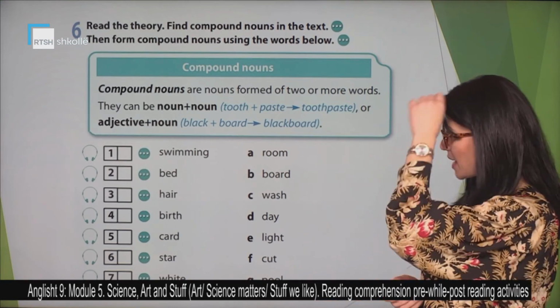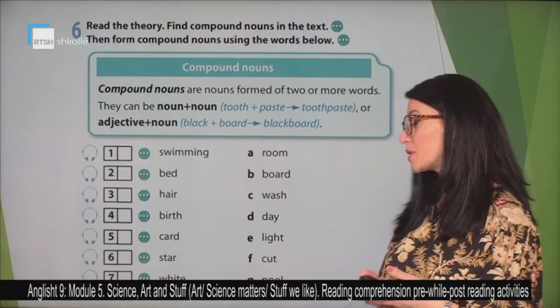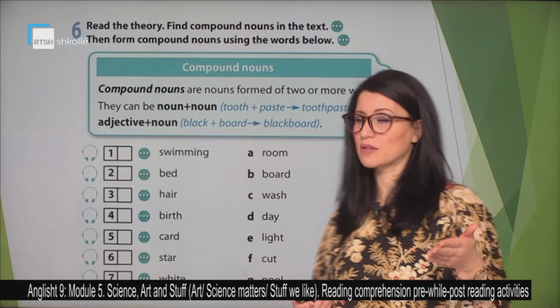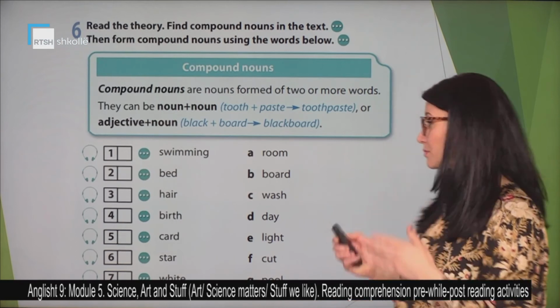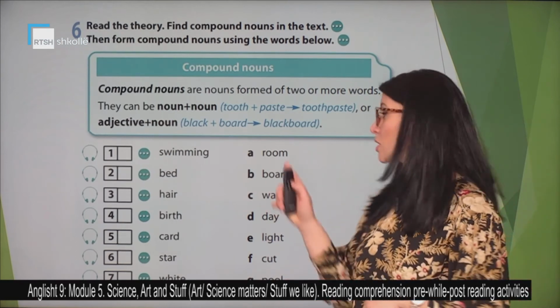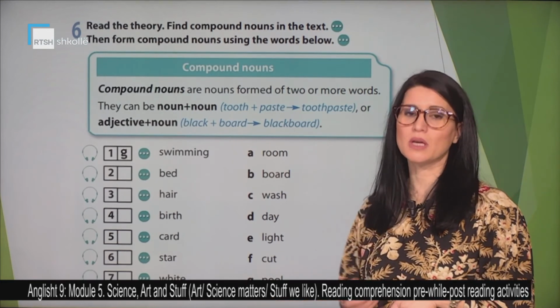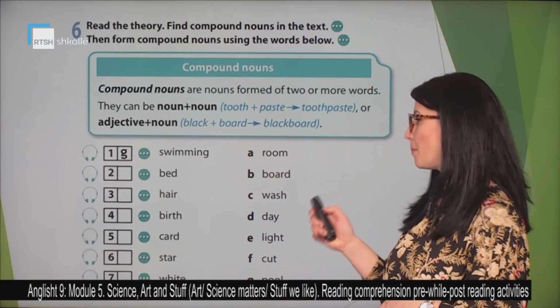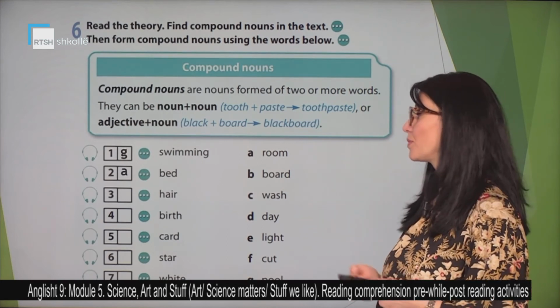We have got an exercise here. We have got 2 columns of words. We are going to match these words together from 1 to 7 with words from A to G to make compound nouns. Let's go on with the first one. Swimming and G. Swimming pool. Bed is matched with A, bedroom.